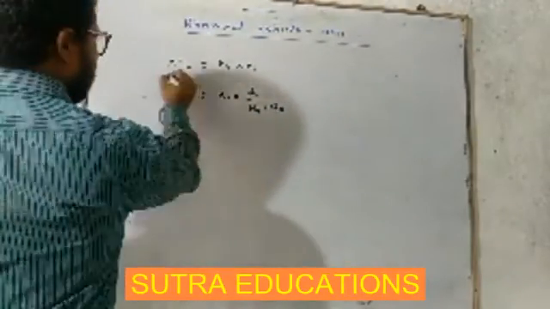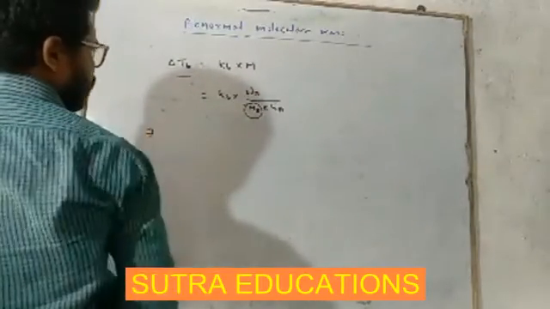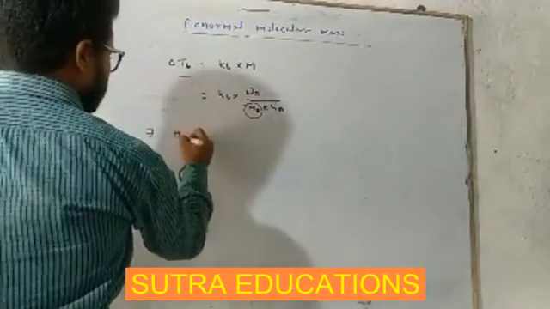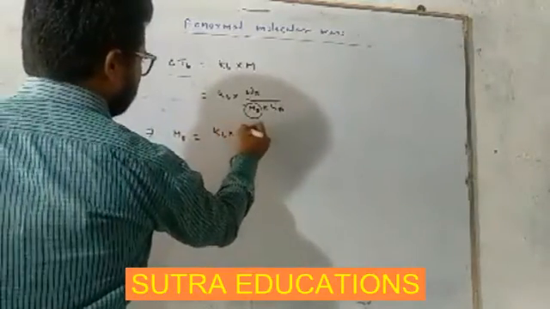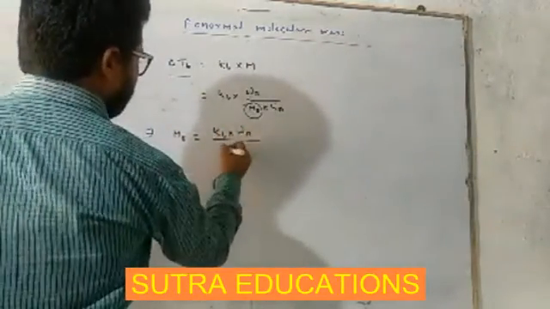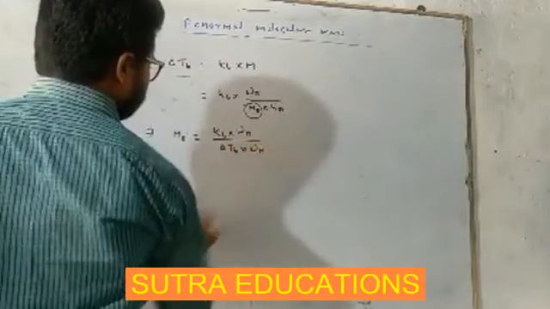So from this we can say Mb, the molecular mass or molar mass of solute, will be equal to Kb into Wb upon delta Tb into Wa.